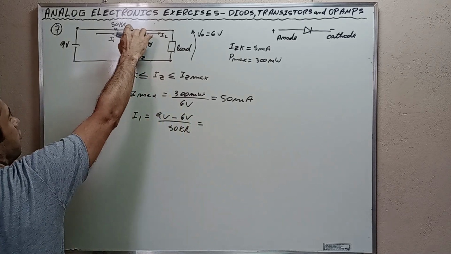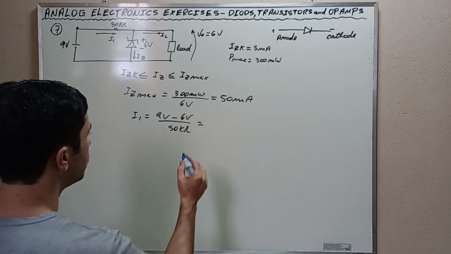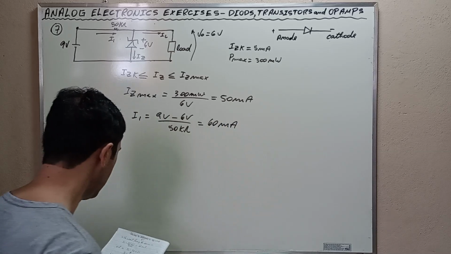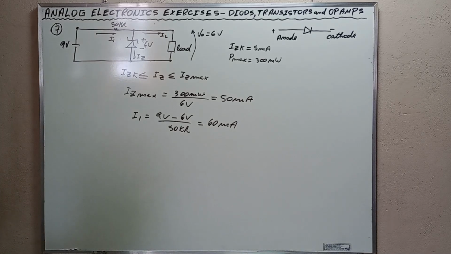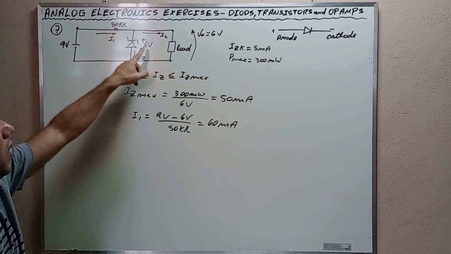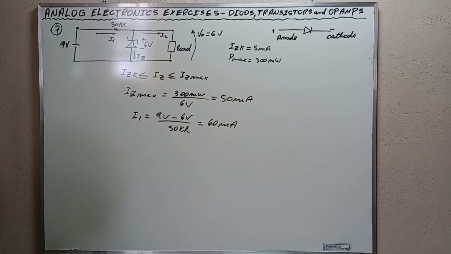This resistor is 50 kilo ohms. 9 volts minus 6 volts divided by 50 kilo ohms is equal to 60 milliamps. And we can apply the nodal rule here. The sum of the currents that enter a node has to be equal to the sum of the currents that leave the node.